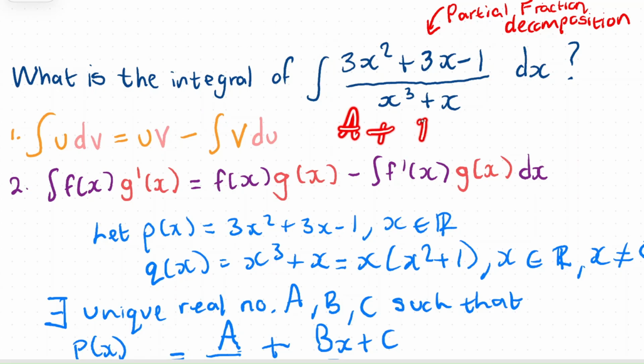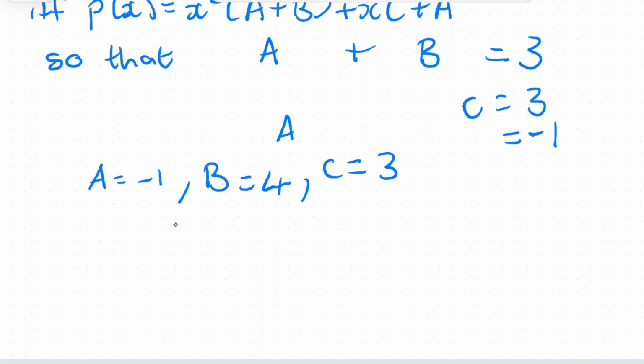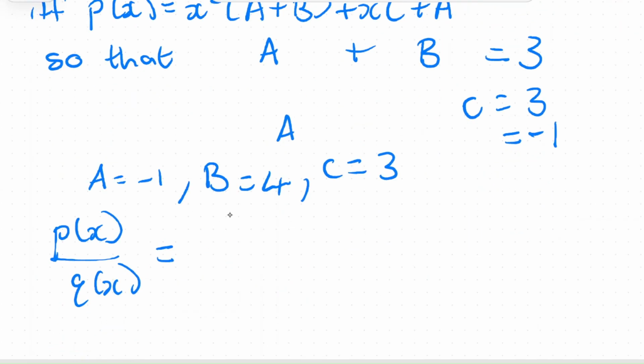We said a plus bx plus c, and then we divided it by x times x squared plus 1. Then we were able to find the variables, match them with the a plus b to be able to get our actual variables, which we're now going to substitute back into the equation, right?